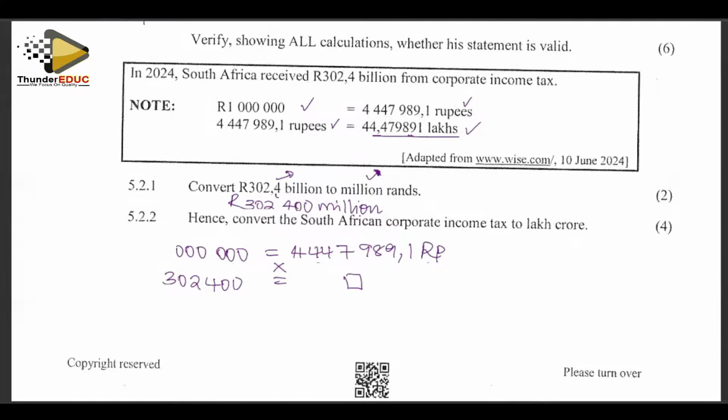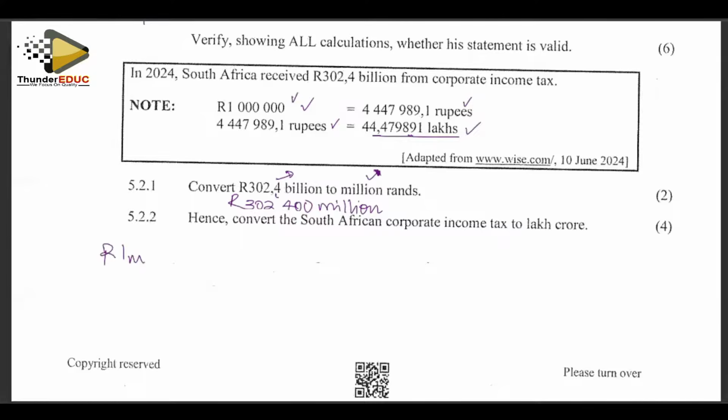So allow me to do this. One million rand equals to 4,447,989.1.